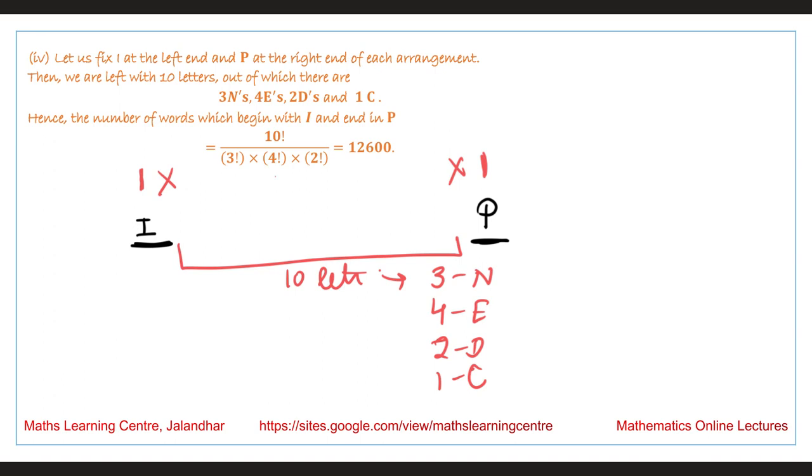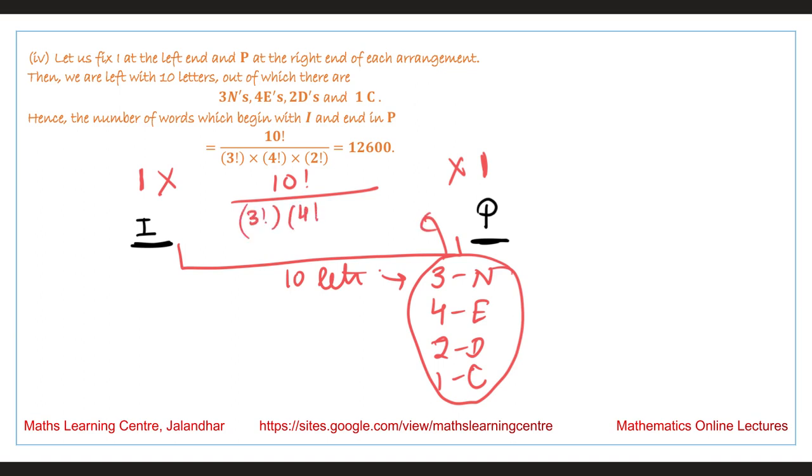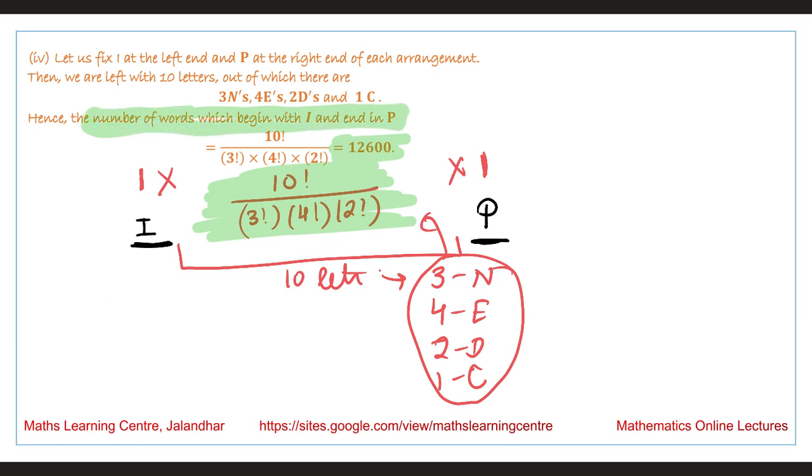And for these letters it is 10 factorial divided by the repeated letters, 3 factorial into 4 factorial into 2 factorial. On solving this term, the answer we obtain is 12600. So these are the number of words which begin with I and end with P.